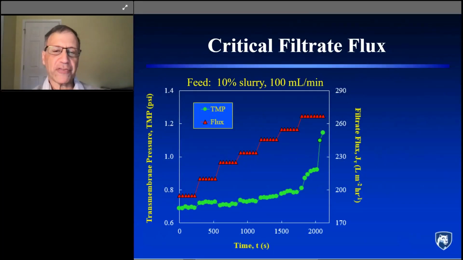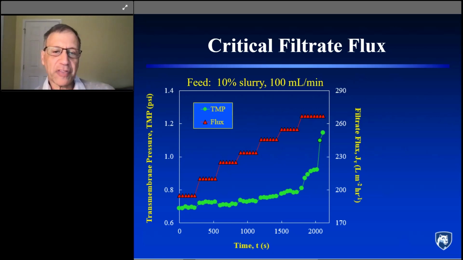Now, in order to make this work, we need to be able to operate the membrane units continuously for an extended period of time. In order to do this, we operate these membrane units below what's known as their critical filtrate flux. This is typical data from a flux stepping experiment that's used to evaluate the critical flux. We stepwise increase the flux and look at what happens to the transmembrane pressure.